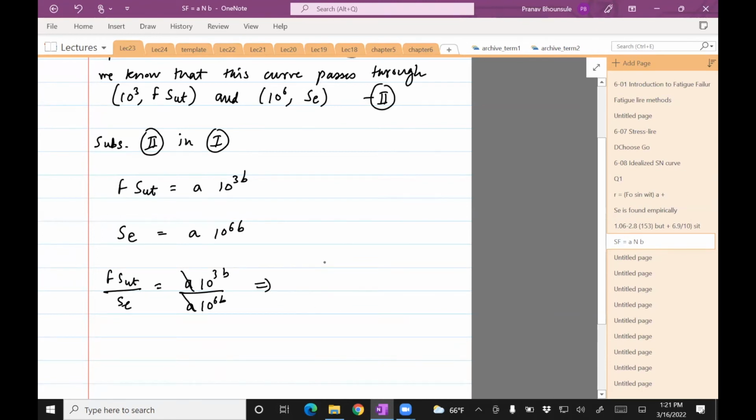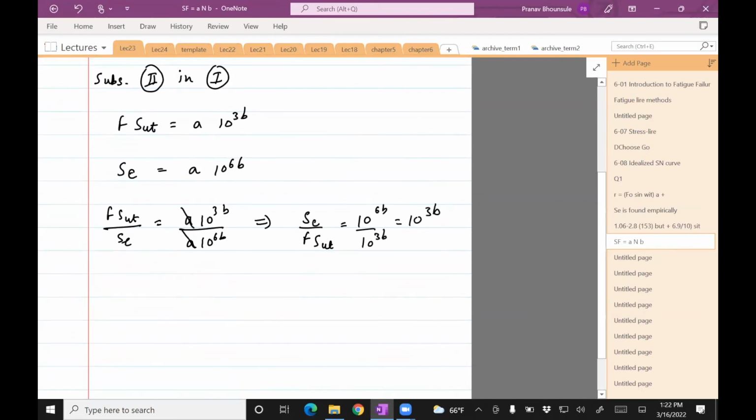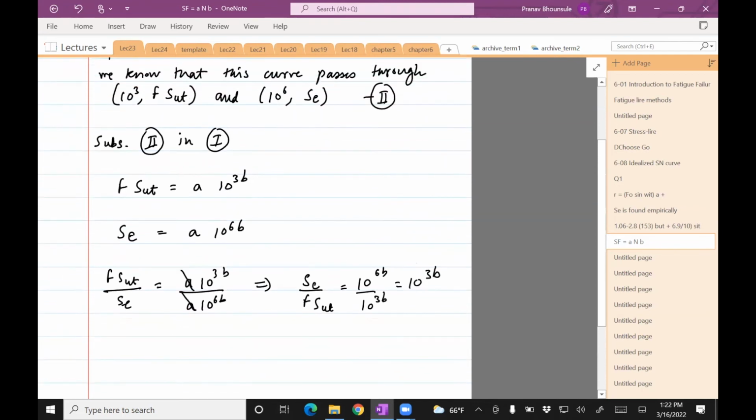So just reverse the order on both sides. SE over F SUT equals 10 raised to 6B divided by 10 raised to 3B, so that should be 6B minus 3B.